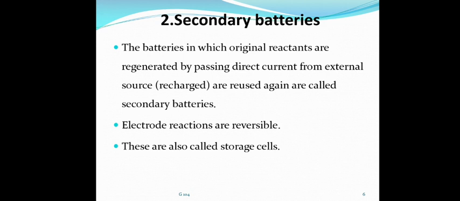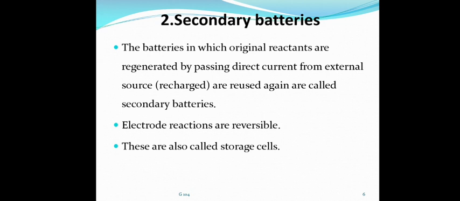Because here you can store electrical energy by converting it into chemical energy. Whenever you need, you can convert the chemical energy to electrical energy. Once it is discharged, again you pass electrical energy and it is stored again as chemical energy.